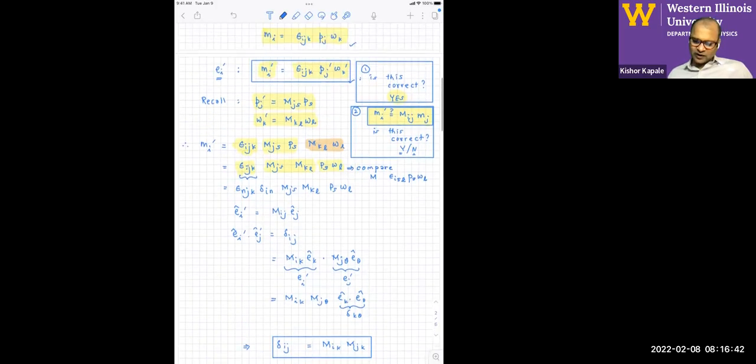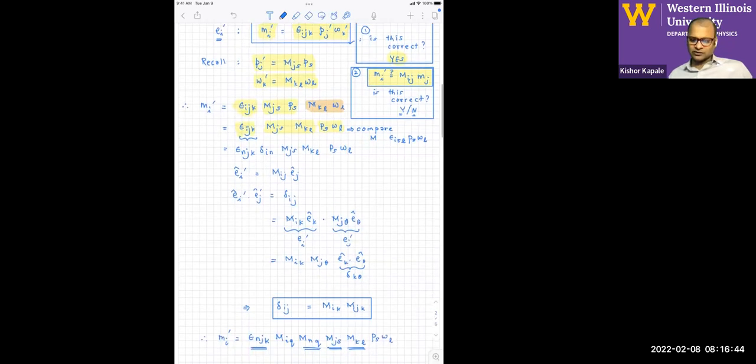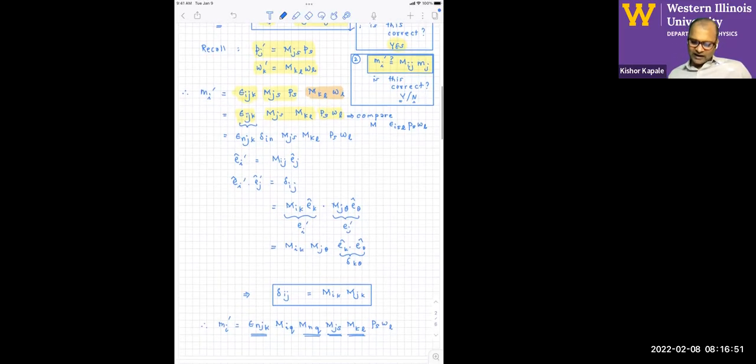If the transformation properties, like the answer to question number 2, were yes, then we would have Mi, j.